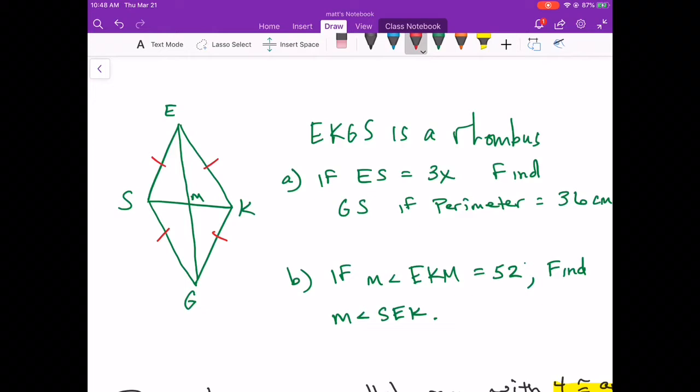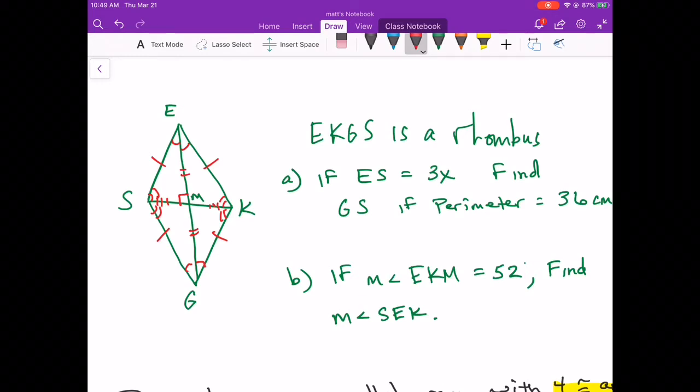I know the diagonals are perpendicular and they bisect each other because this is still a parallelogram. I know that the diagonals bisect opposite angles and the opposite angles are congruent. So all of these things are true right away as soon as we know that it's a rhombus. So we've got all those things marked. Now let's see if we can use those relationships to help us with part A and part B.